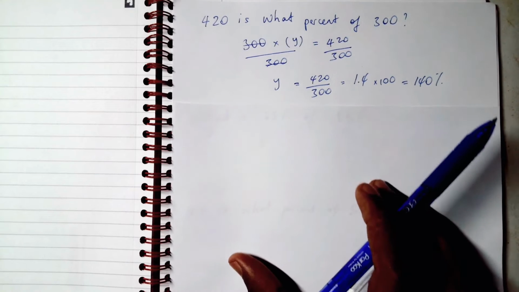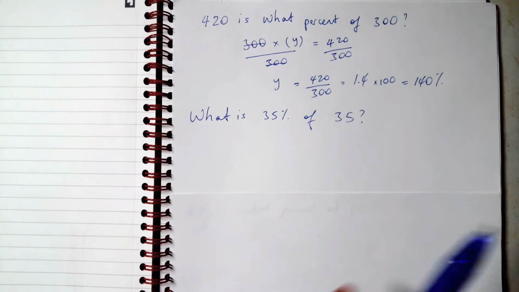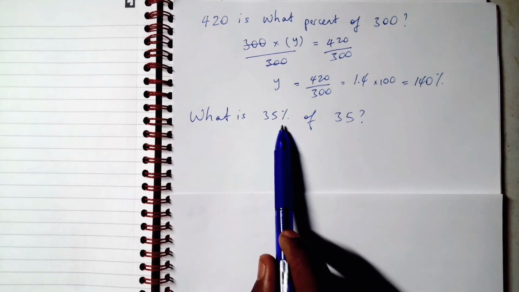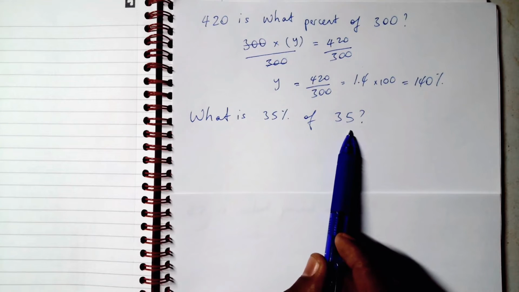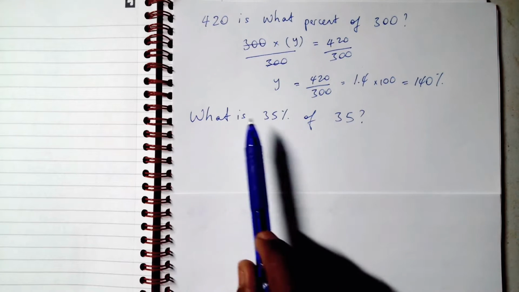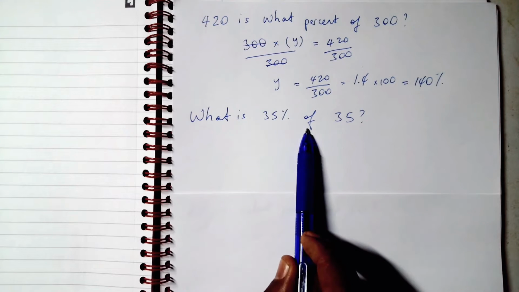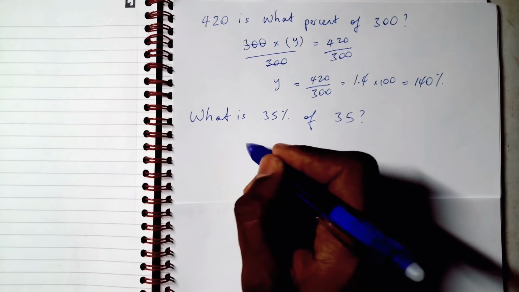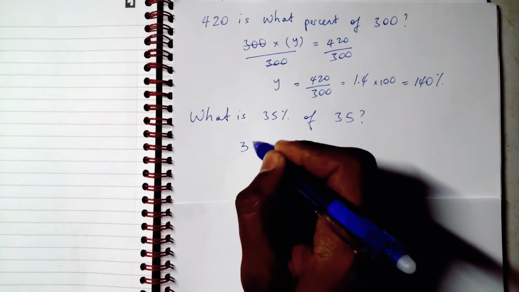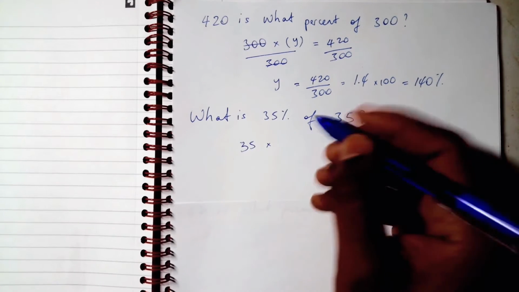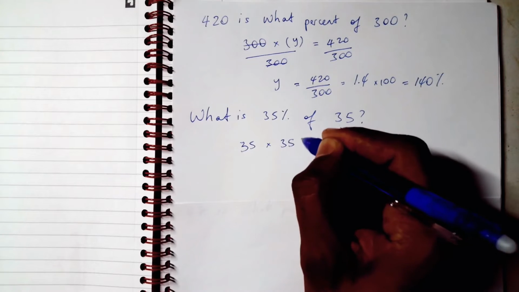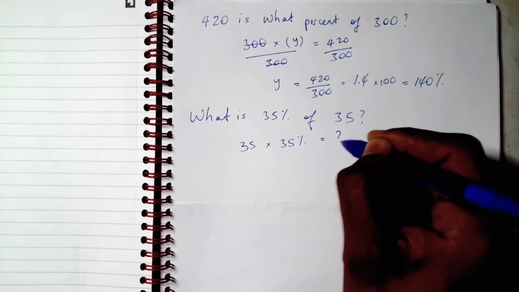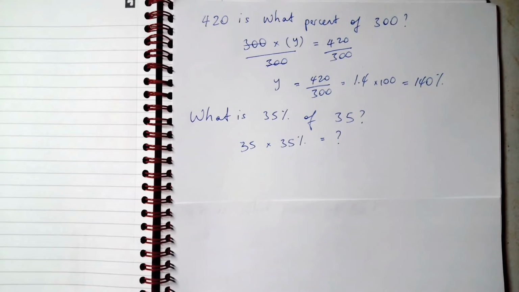Alright, another example. What is 35% of 35? So now 35 is the number we want to find the percentage of. Multiply that by the actual 35%, equal to some number we don't know.